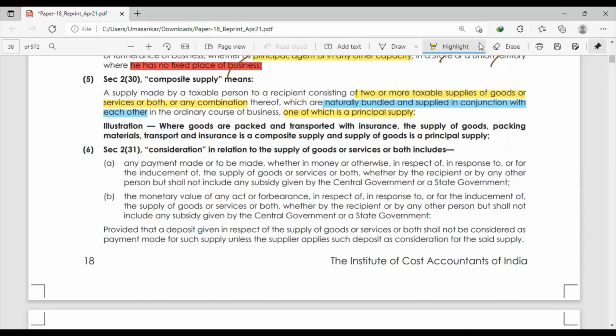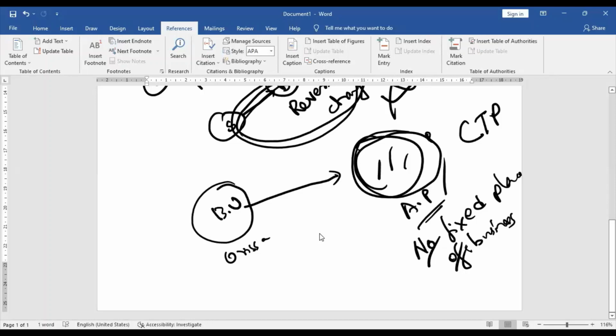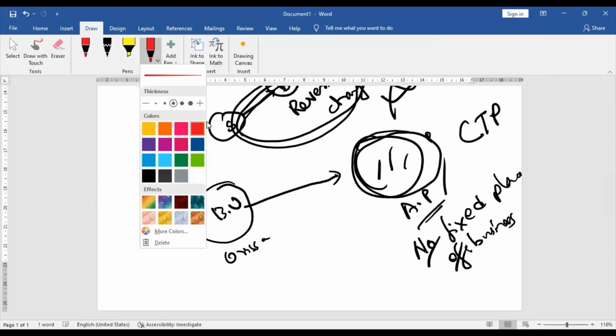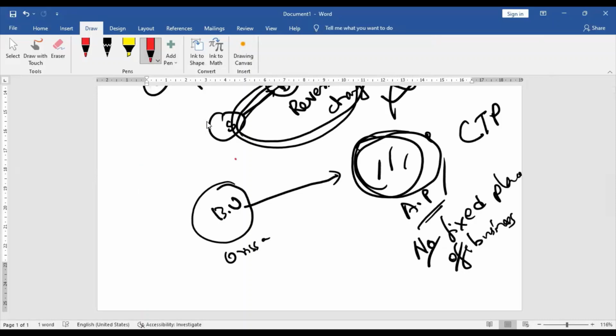Let's take an example. Now Valentine's week is there.